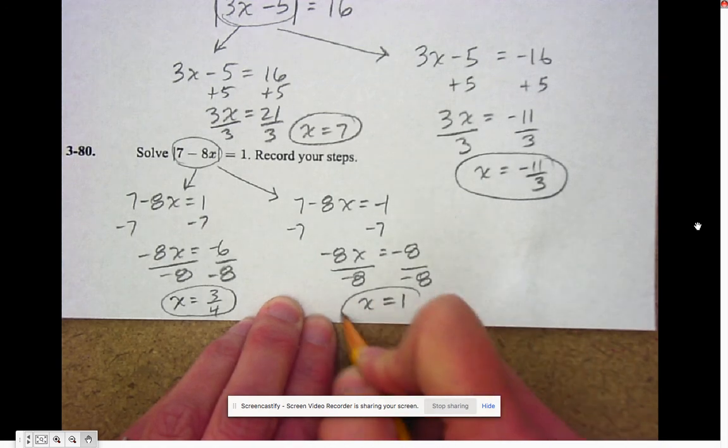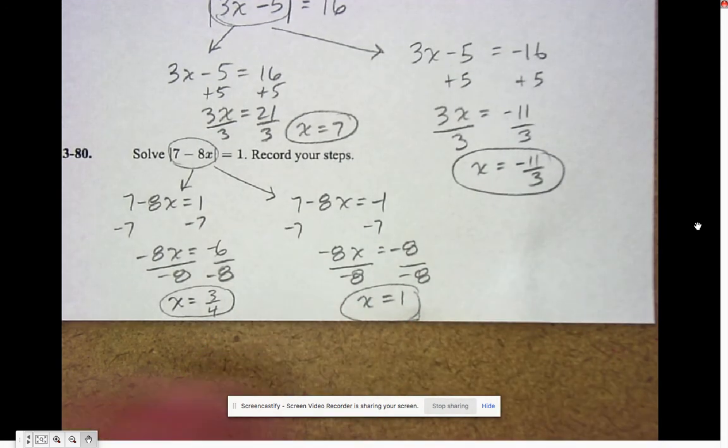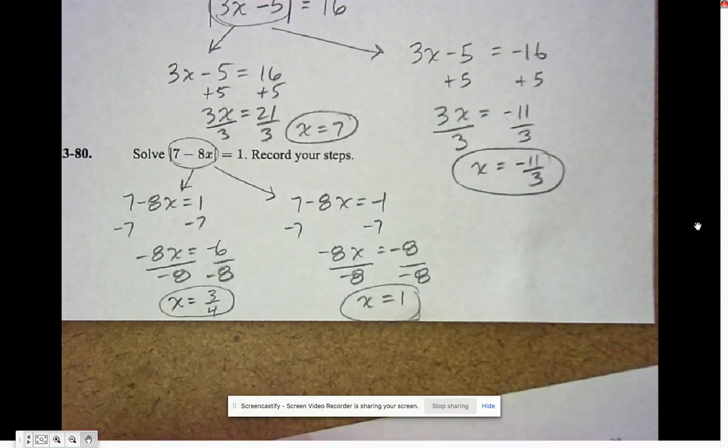Okay, so x would either have to be 1 or x would have to be 3/4. Okay, so there's two answers for that. A little different than most of the linear equations that we've been doing where there's just one solution. Okay, so hopefully you have some skills on how to use the distributive property to solve some equations and also how to solve an absolute value equation.